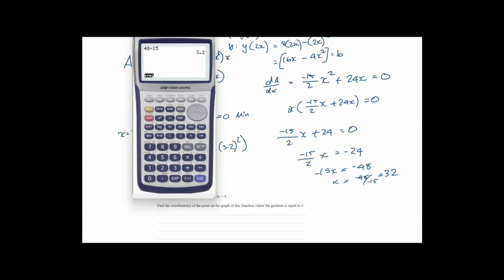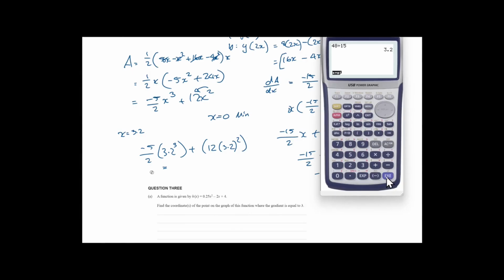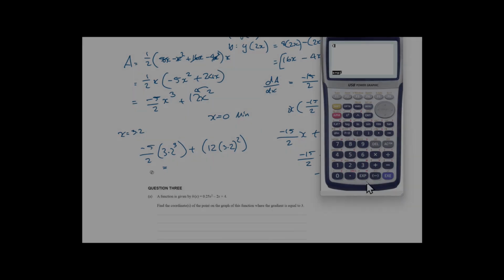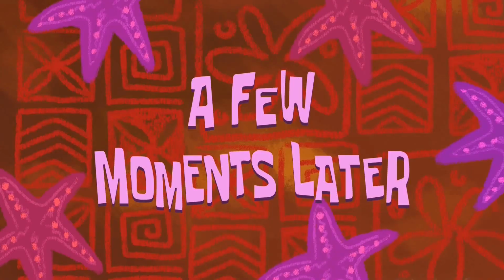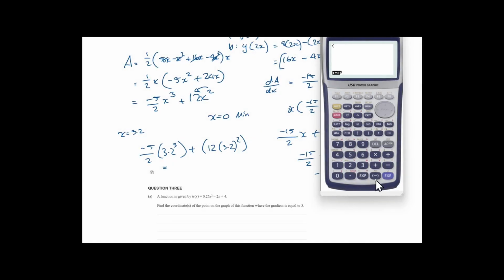It gives us something strange. I'm a bit worried about this calculator, actually. Minus 5 over 2.